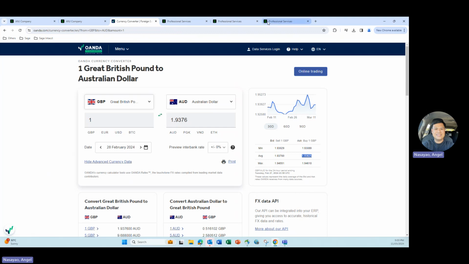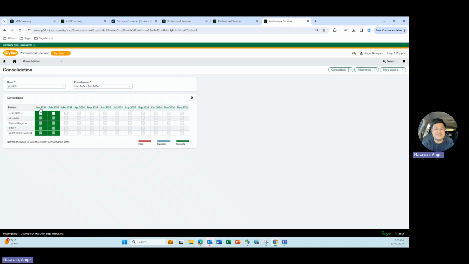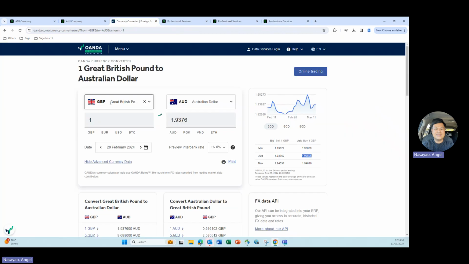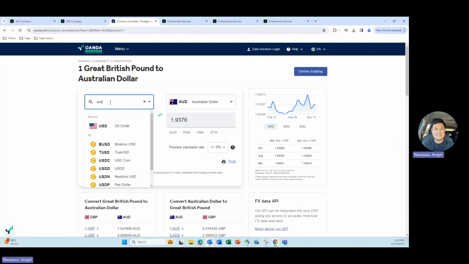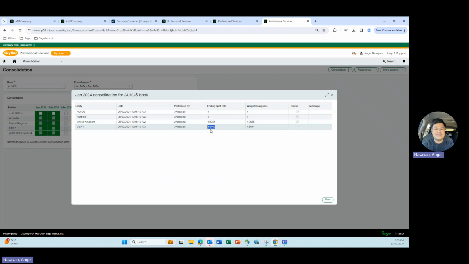So let's double check as well for January, because I know that I didn't override this one here. Let's take USD then. So USD, same date, 1.52813.